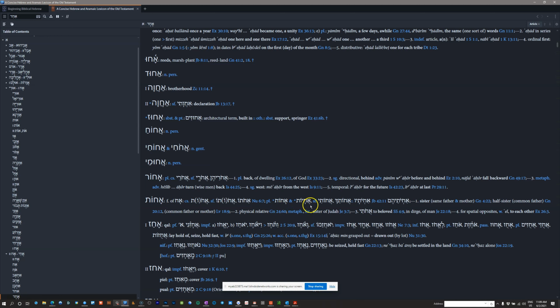Sometimes you may get Achayot, and it says this is a theoretical form. So neither of these occur in the Hebrew Bible. It's just saying if you wanted to make it plural, you could either do Achot, which is the same form, or you could say Achayot. So that's good to know.